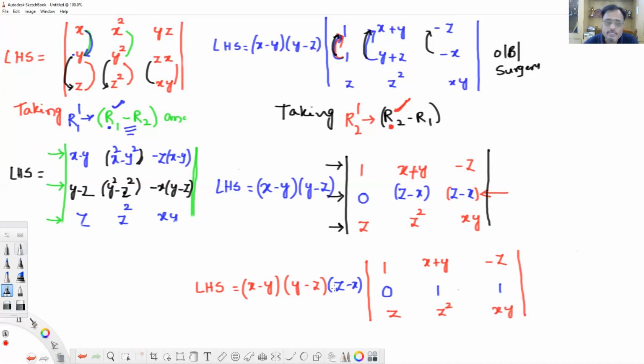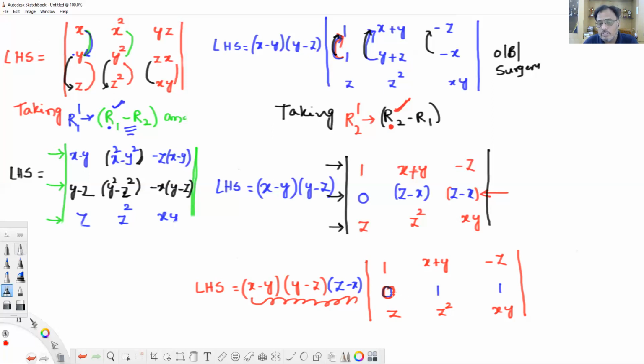Up to this, see that already we got 3 factors as common factor now. Last and final, we go for one more operation. Which operation will you do? Once an element has become 0, please don't do such an operation that 0 becomes some other number.